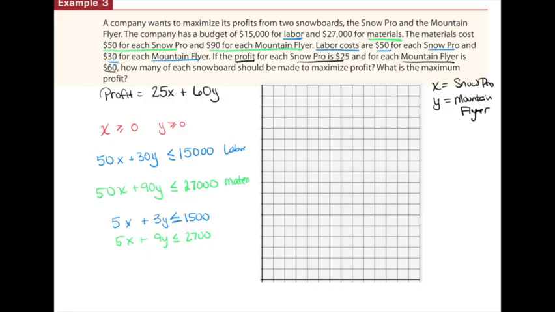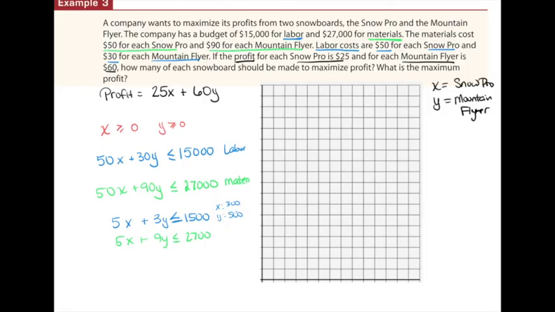Now, it seems like I have huge intercepts, so naturally I'm not going to use 1, 2, 3, 4 as my dividers, okay? So when I do this first guy here, my x-intercept is going to be 1500 divided by 5, which is 300. My y-intercept is going to be 1500 divided by 3, which is 500, okay?